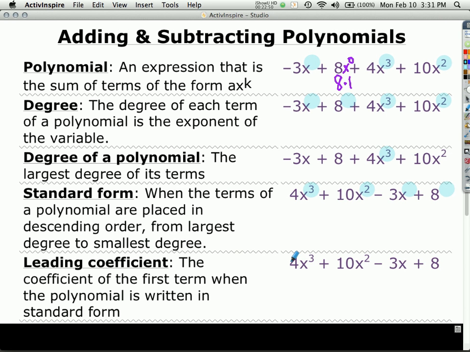It's the one that shows up first when it's in standard form. So you have to put it in standard form first, and then you can get the leading coefficient. Any comments, questions?